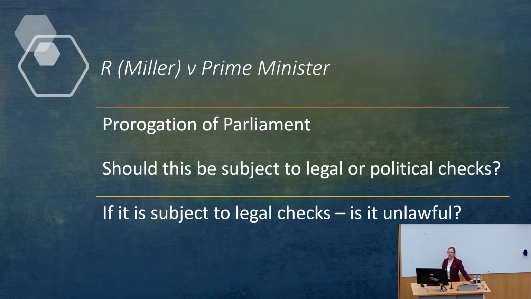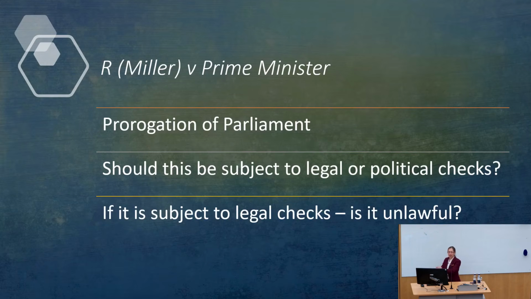Now, within this 5-year fixed term, Parliament has something called sessions, and these sessions normally last for a year. And at the beginning of the session, the Queen will come to Parliament, will open Parliament and set out the government's legislative programme for that particular session.